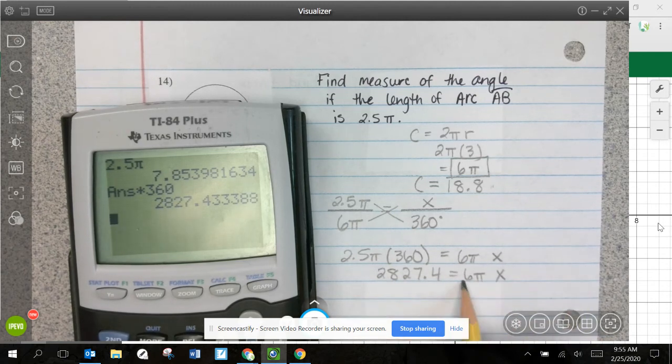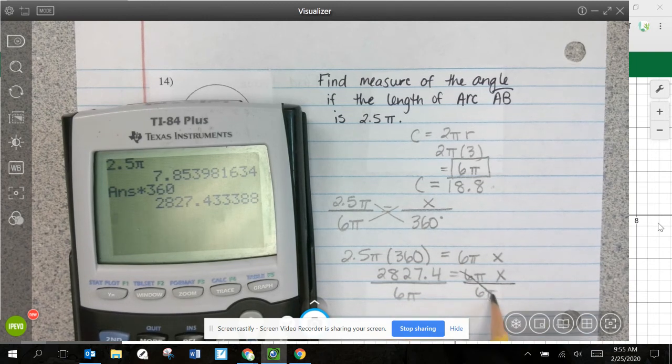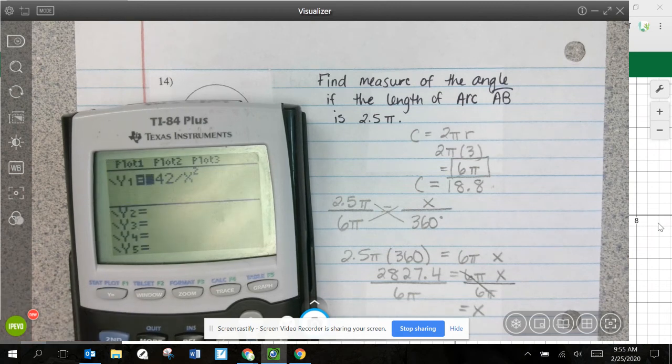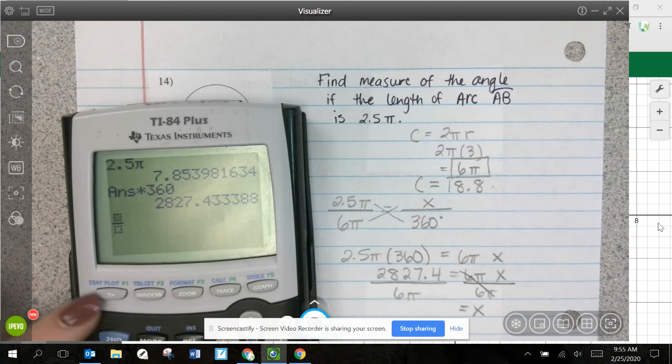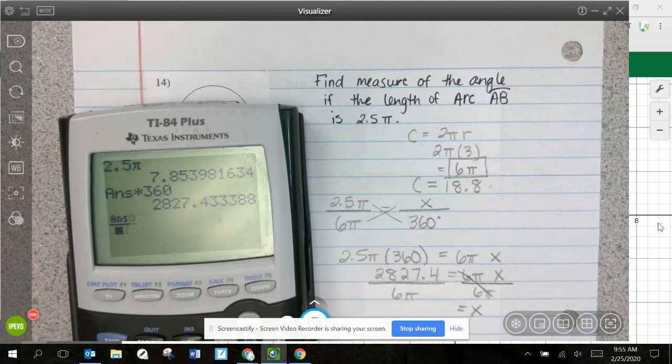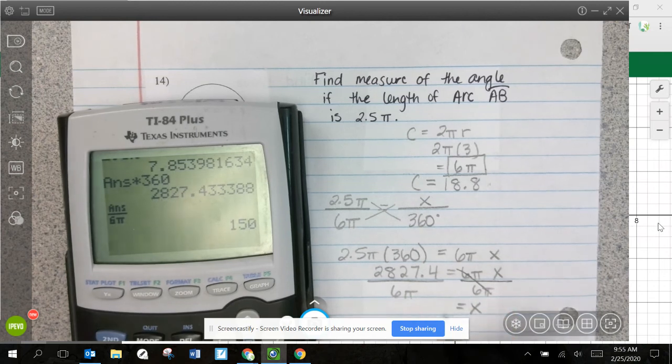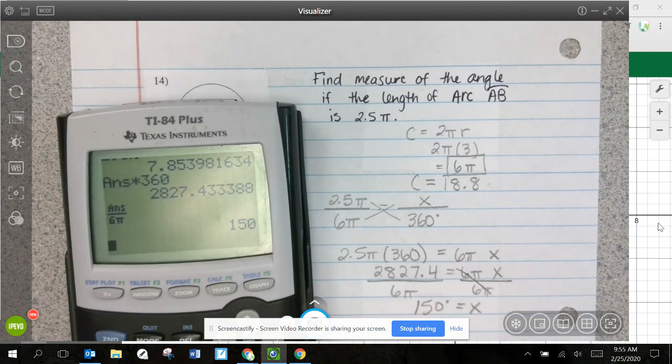And then let's divide that by 6 pi so that we've got x all by itself. Calculator's not working. Here we go. Our answer divided by 6 pi gives me 150 degrees.